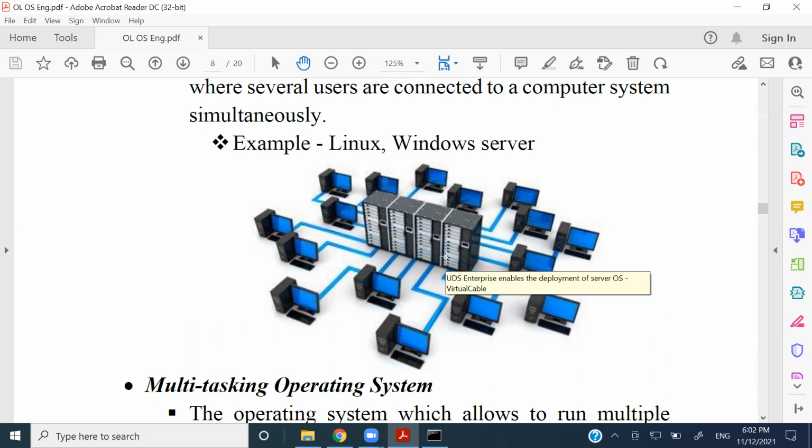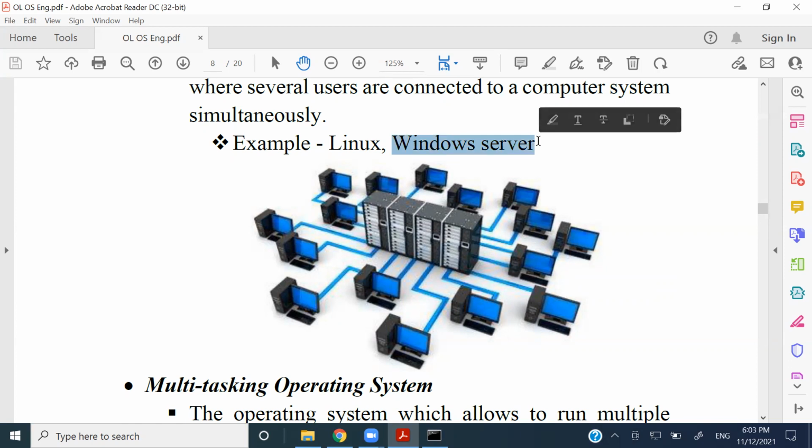For this kind of operating system, Linux and Windows Server are examples, and there are many others as well when it comes to server software.